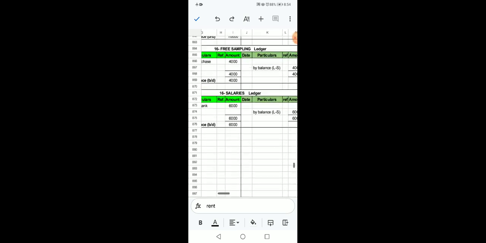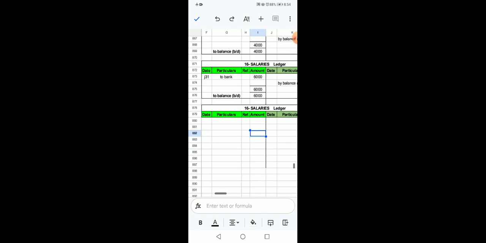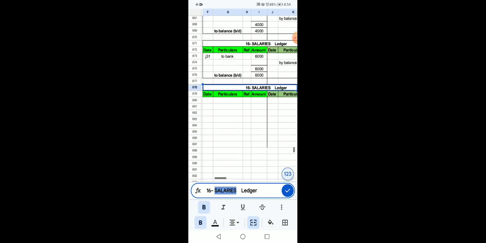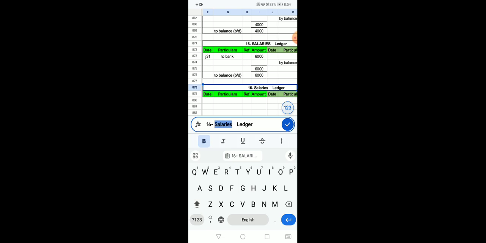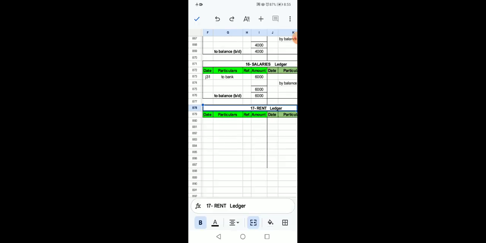Since our format is similar, we are taking headings from the previous ledger and writing the same headings for the next ledger, and it is, I think, rent. Let's change the title to rent, and change the number as well. It's the 17th ledger.